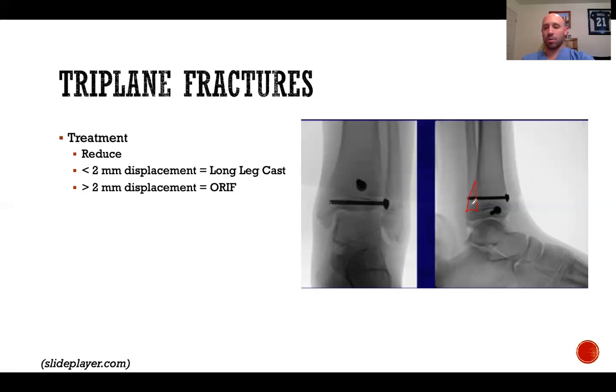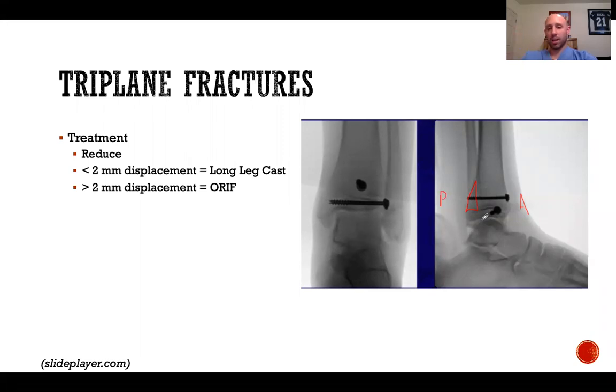But if you note, we put a lag screw from anterior, this is anterior, to posterior. And so we're only getting a few threads of the screw to engage here. So it's not that great of a mechanical stability to introduce an A to P screw in this area.